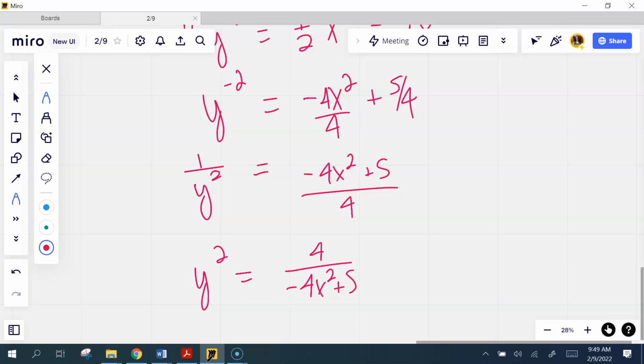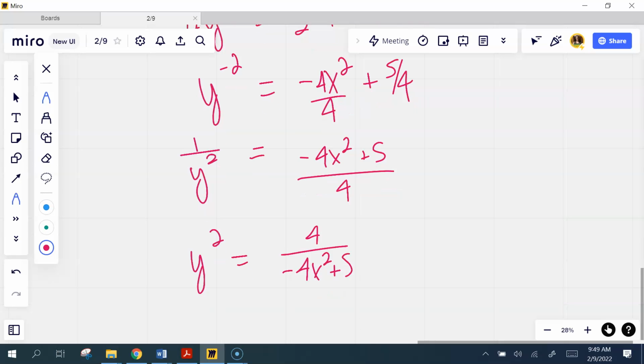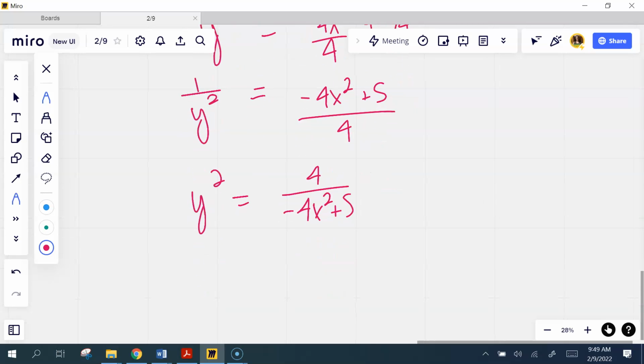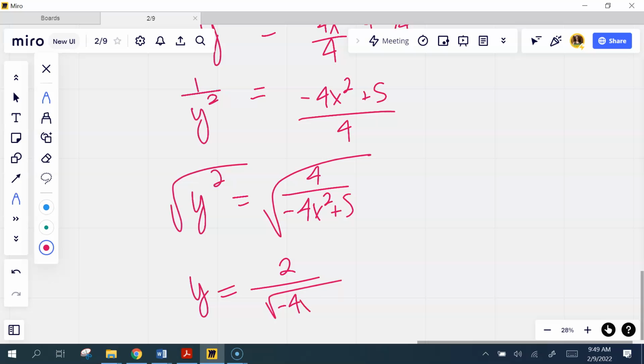Well, you could. You just have to flip both of them. Can't cancel a 4 because you kill a k. Square top, square the bottom. So 2 over the square root of negative 4x squared.